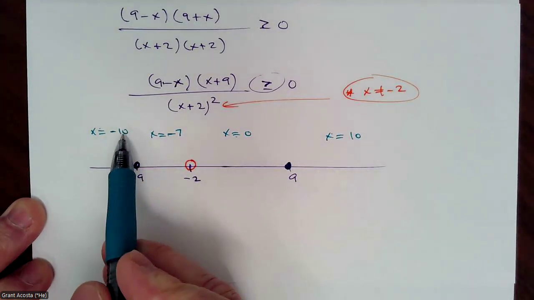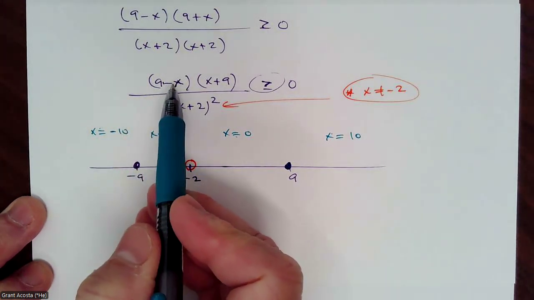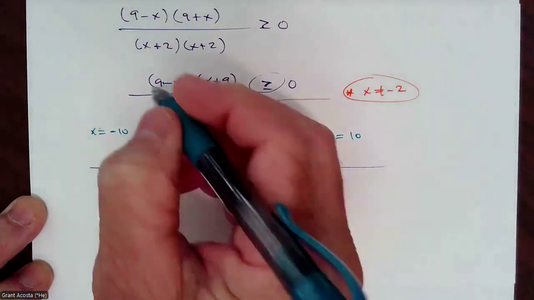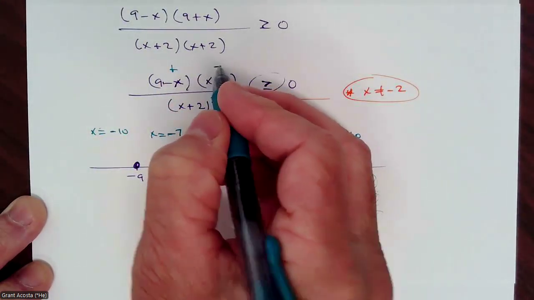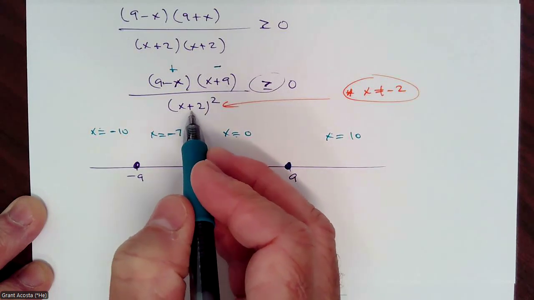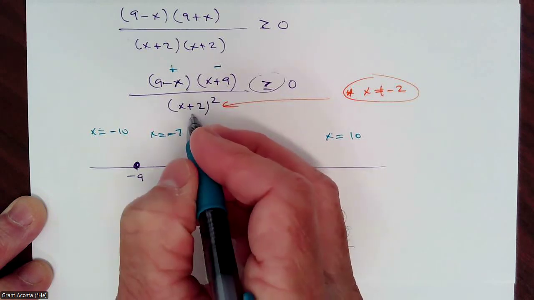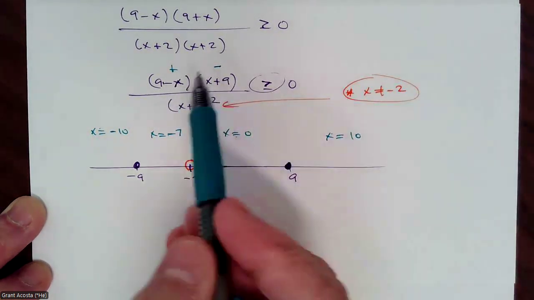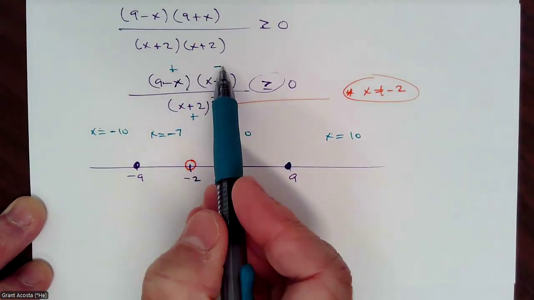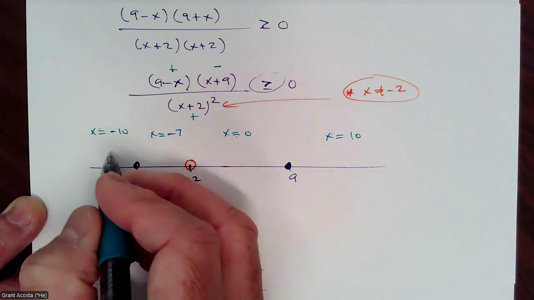Okay. If I plug in negative 10, 9 minus negative 10 would actually be a positive number. Negative 10 plus 9 is a negative number. Negative 10 plus 2 is negative 8, which is negative, but if I square it, that's going to come out to be positive. So then the way we sort it out is the numerator, a positive times a negative, is a negative, but a negative divided by a positive is also a negative.